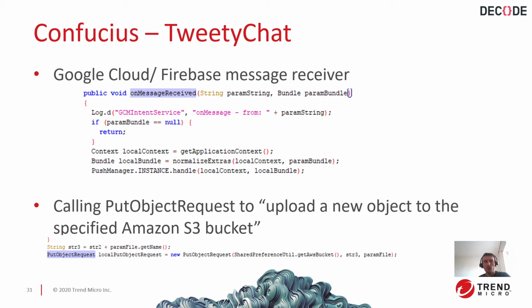This piece of code shows the message receiver from Google Cloud or Firebase, and the code below is the piece of code for the put object request, which uploads the new object to an Amazon S3 bucket.